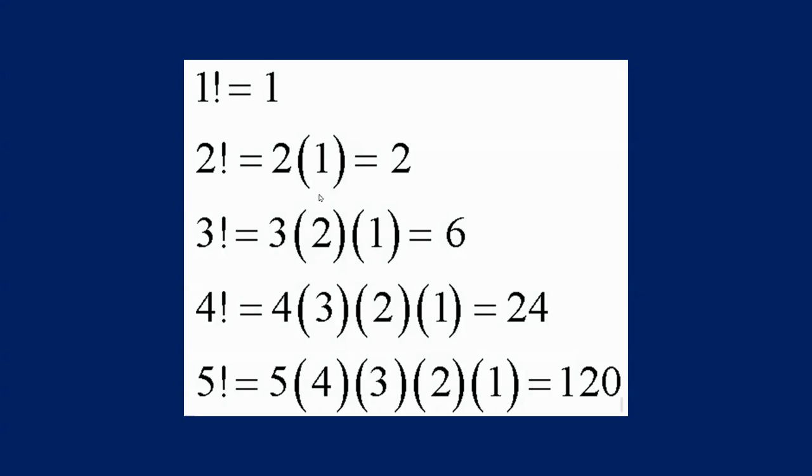And you can see here 1 factorial is 1, 2 factorial is 2, 3 factorial is 3 times 2 times 1, which is 6. You could do that with any number factorial. If I wanted to take 10 factorial, it would be 10 times 9 times 8 times 7 times 6 times 5 times 4 times 3 times 2 times 1. You keep multiplying until you get down to 1.